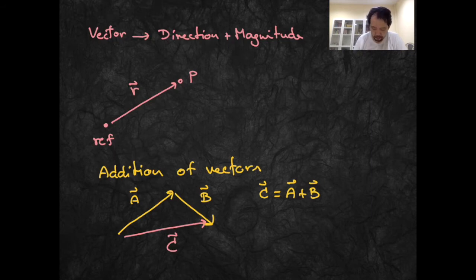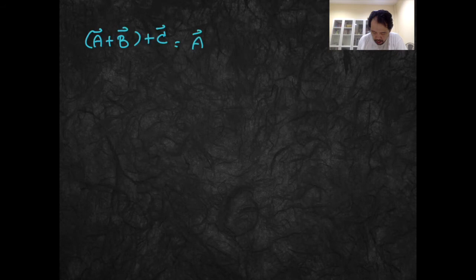Okay. Next, we have that addition of vector has the property of commutation. That is, we can write A plus B and then plus C, it will equal to A plus B plus C, which means that the order of A, B, and C are not important.